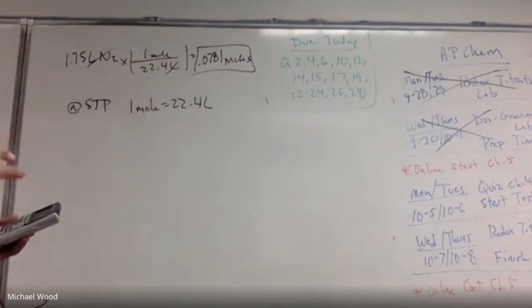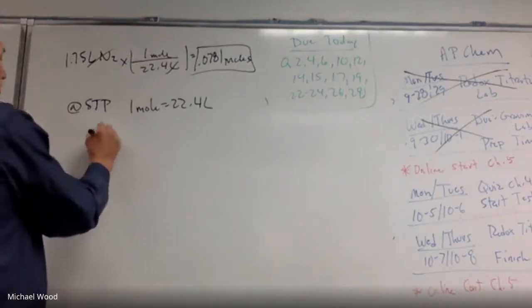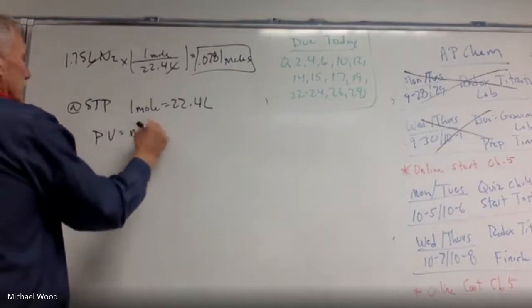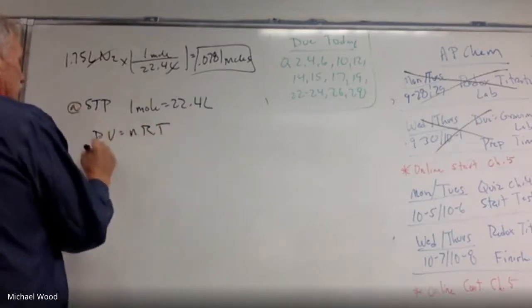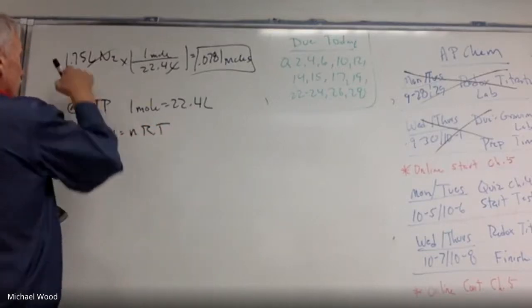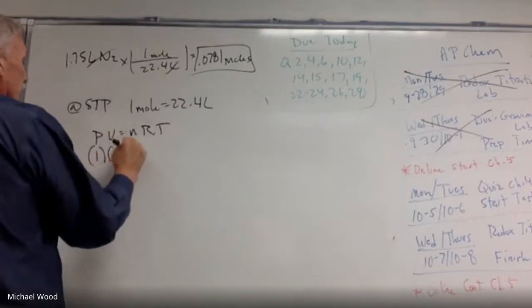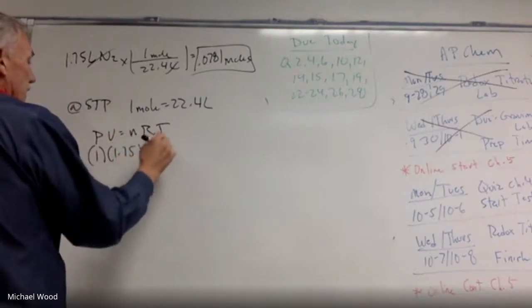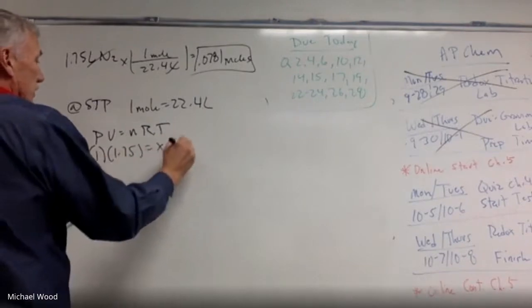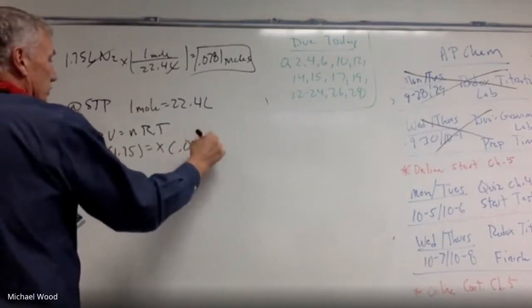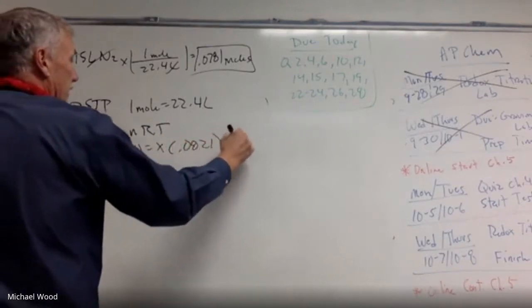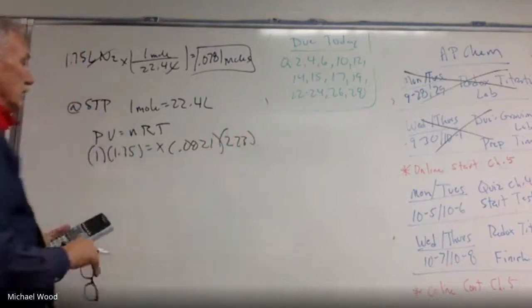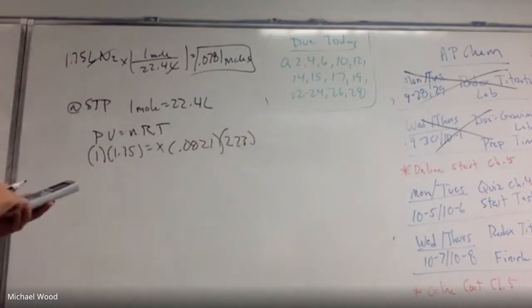But the other way you could have done this is you could have used PV=nRT. Okay, so STP, so the pressure is 1. The volume was given to us, it's 1.75. The moles are X, and my units here, I'm going to use 0.0821, and the temperature at STP is 273. And if I solve for X, I should get the same thing.